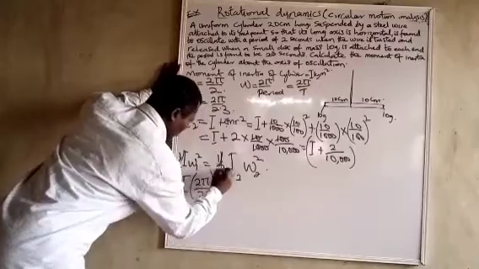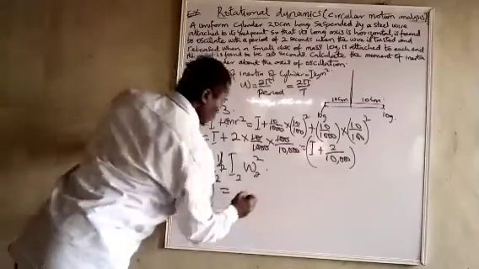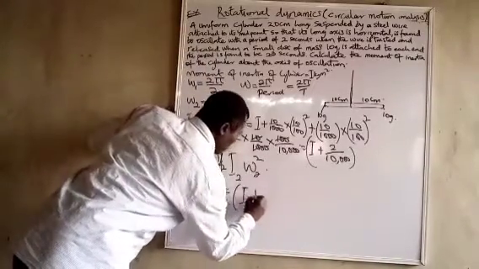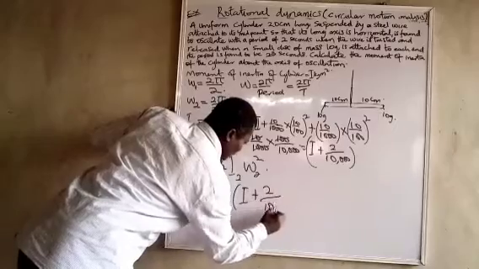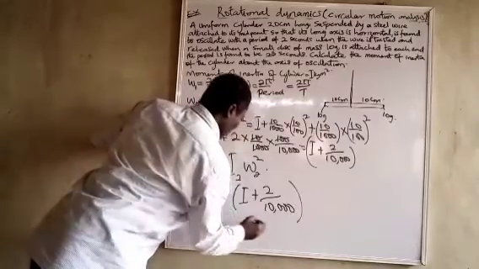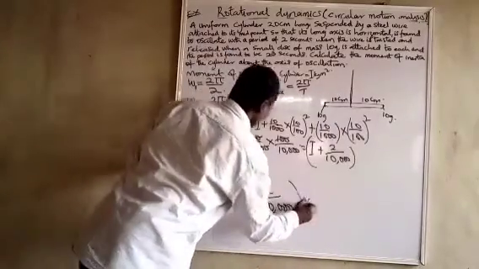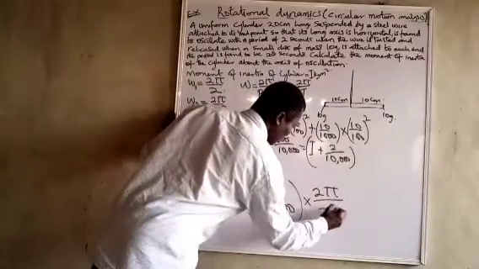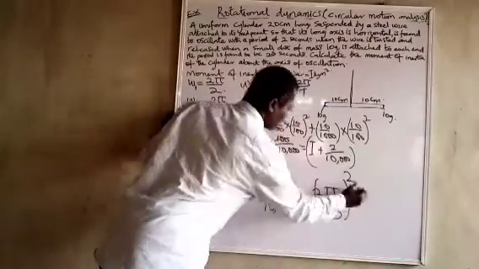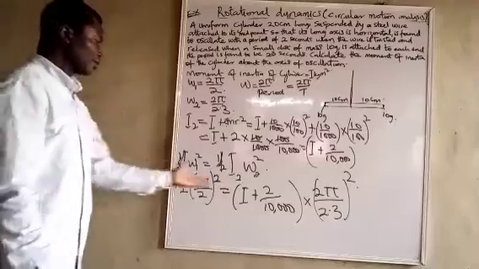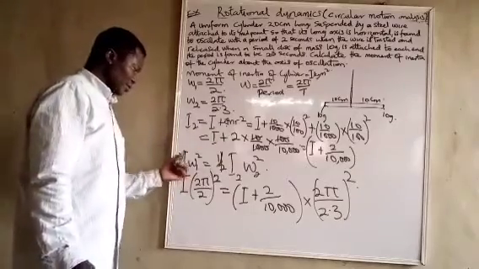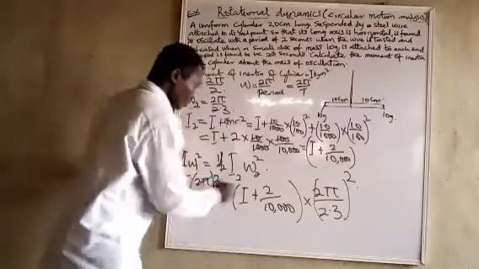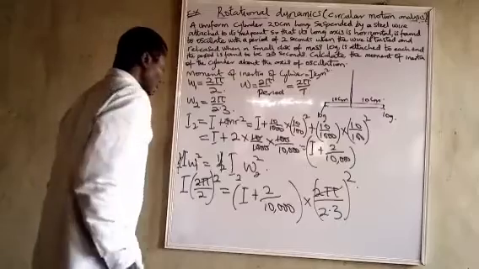Squared is equal to I plus 2 over 10,000 times 2 pi over 2.3, squared. Can you see? Looking through this, you can decipher that this one will cancel this one because it is 4 pi squared.